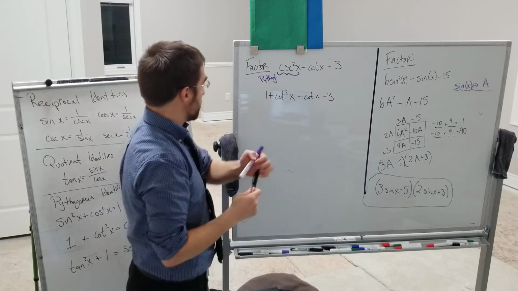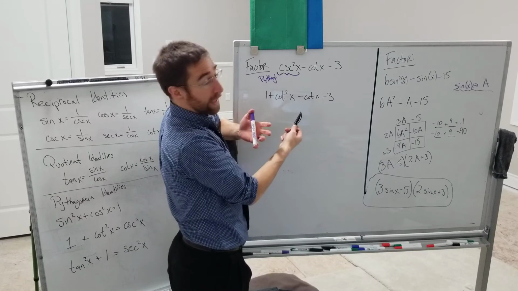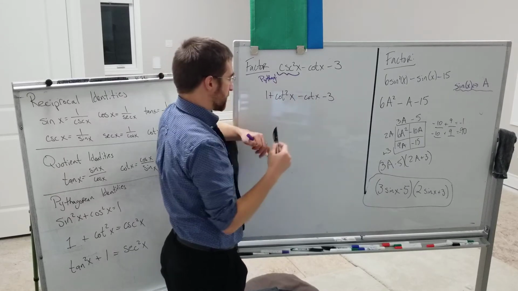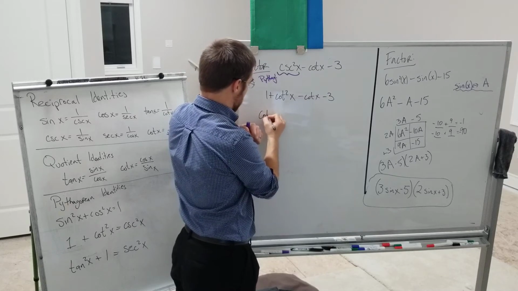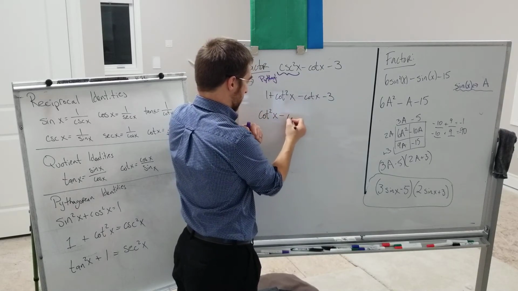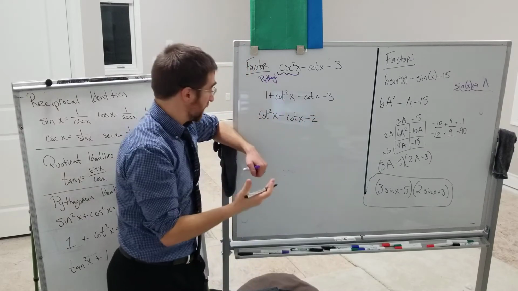All right, so I have 1 plus cotangent squared x minus cotangent x minus 3. I'm going to combine the 1 and the negative 3. So I have cotangent squared x minus cotangent x minus 2, and I'm going to factor this.